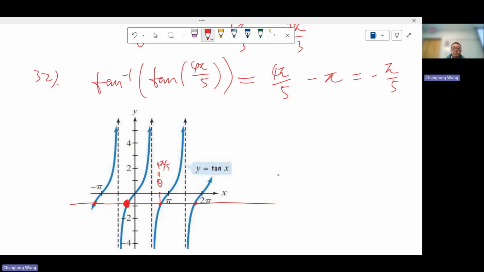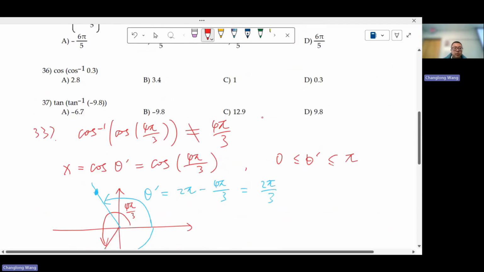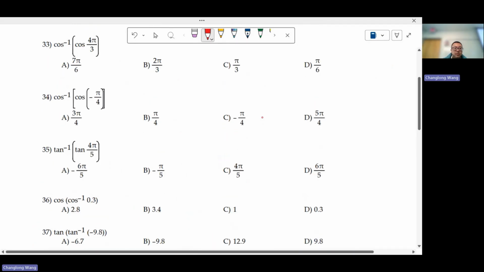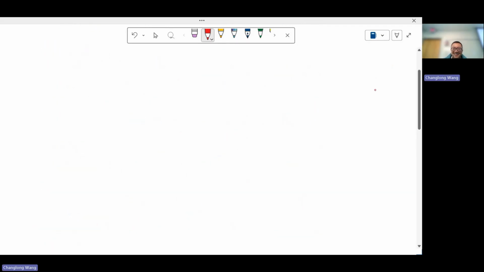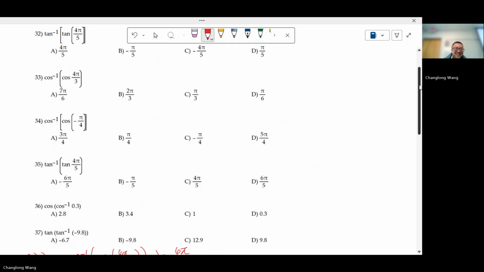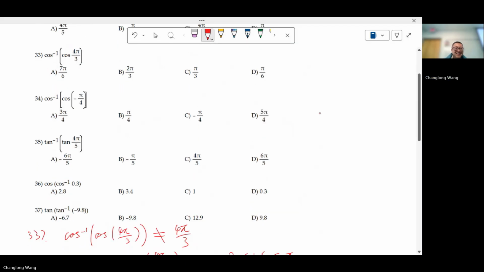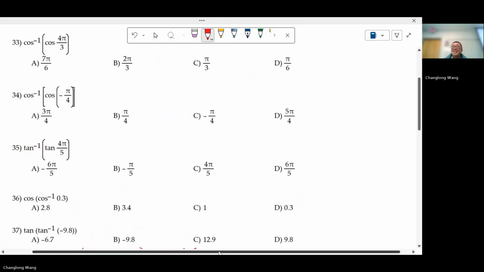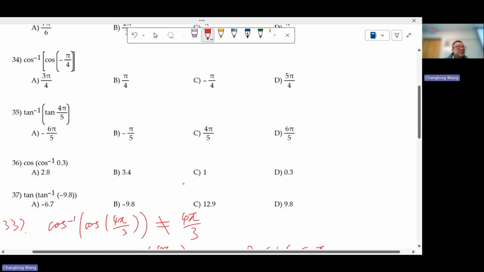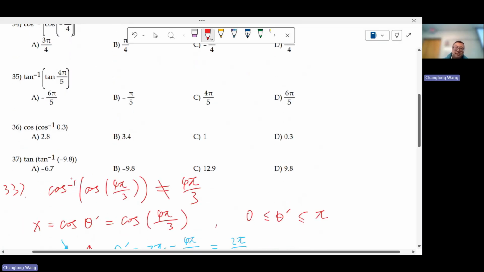So let's do one more. I think that usually the third problem will be the magical trial, right? So let's pick a problem. Well, you know what? You guys pick one. Wait, 36 or 37?